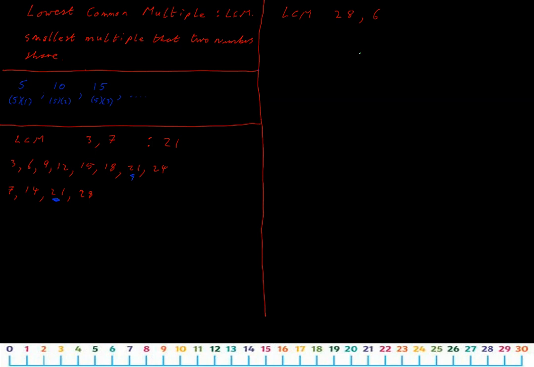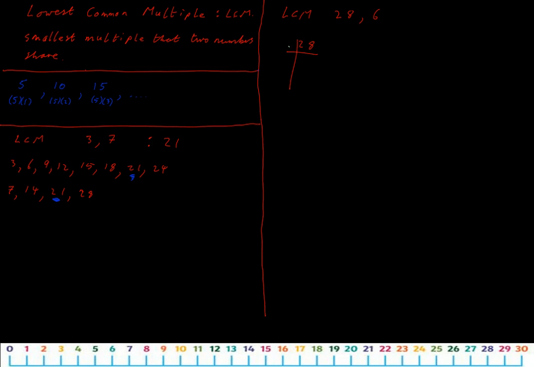So 6 wouldn't be too bad for doing times tables with, but 28 I would find very difficult to do times tables for. So what we're going to do is a slightly different method. We're going to find out the prime factors of both of these numbers, and the reason why we'll be able to see by the end. But for right now, I just want you to trust me. We're going to try and get the prime factors of both numbers. So let's start with 28.